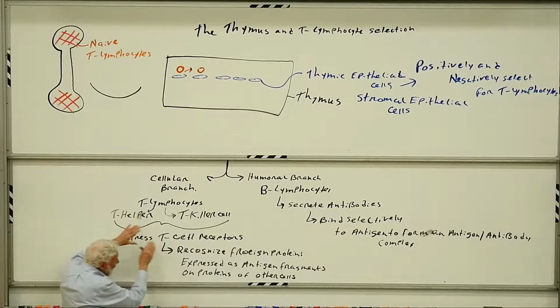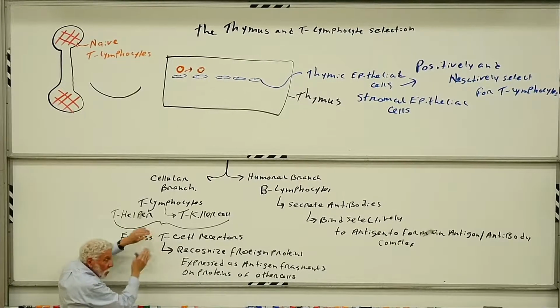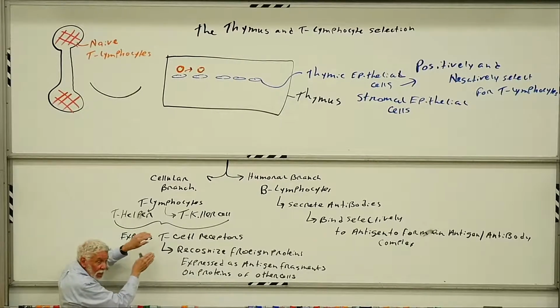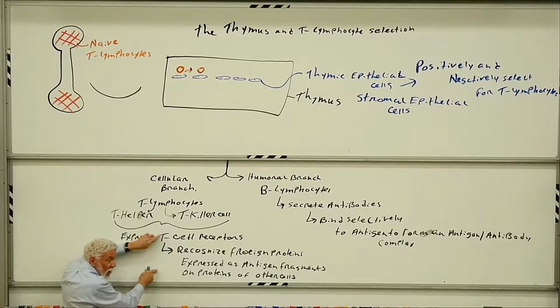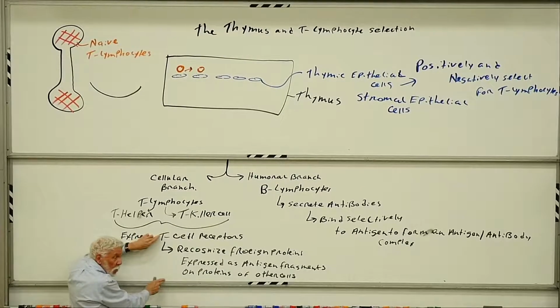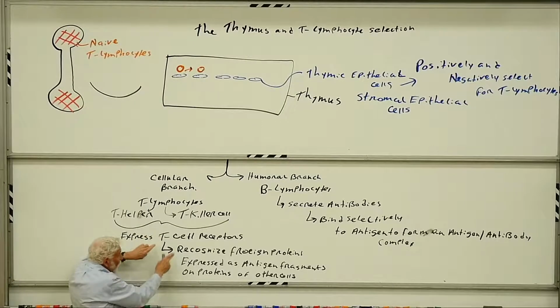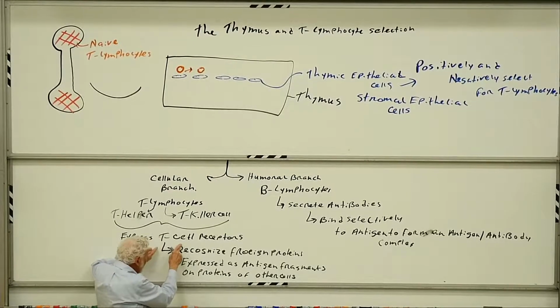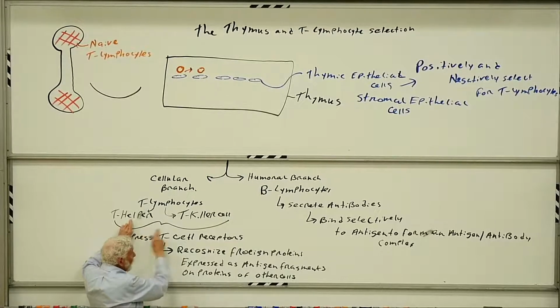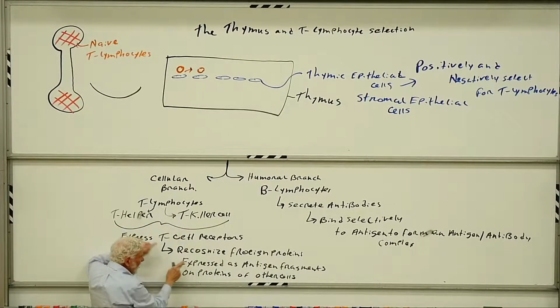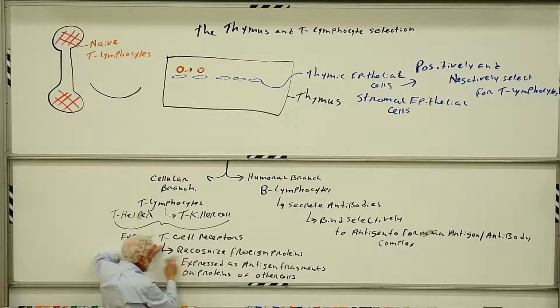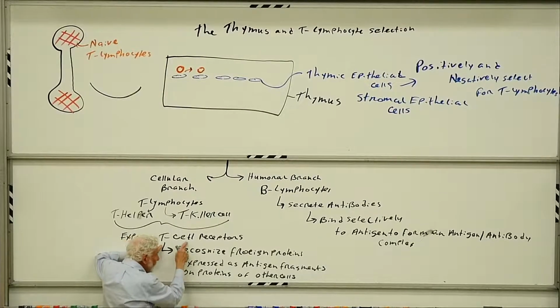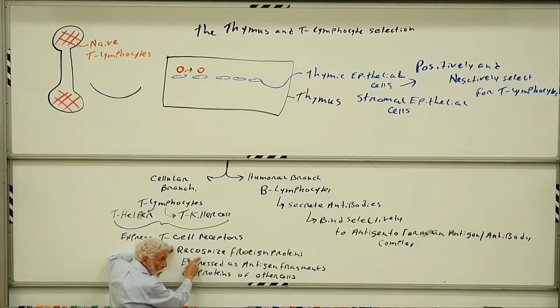So for the T cell response to be effective, there has to be cell-cell contact. Hold on to that idea, and we'll come back to it on Monday. We have to have cell-cell contact for these T cell receptors to be effective. The T cell receptor, on either T helper cells or T killer cells, is the protein that's going to recognize foreign proteins.